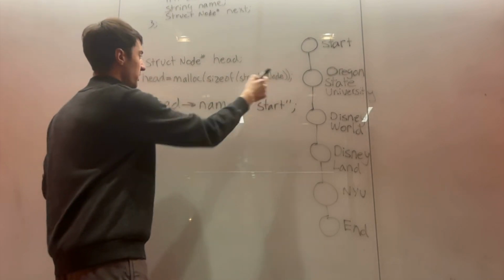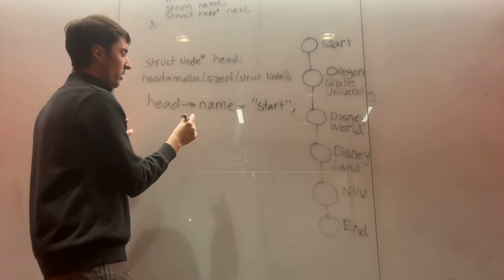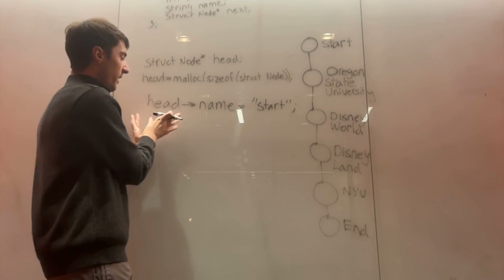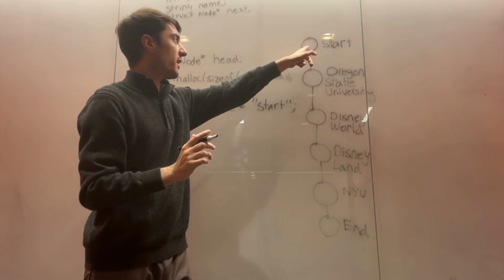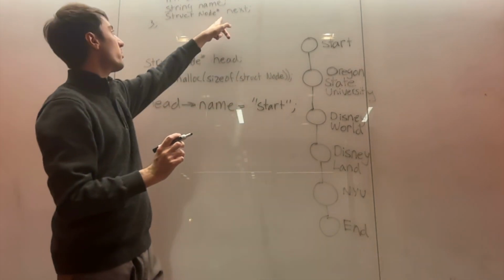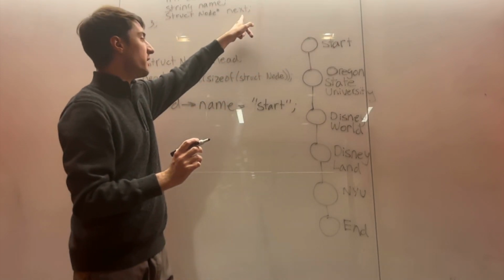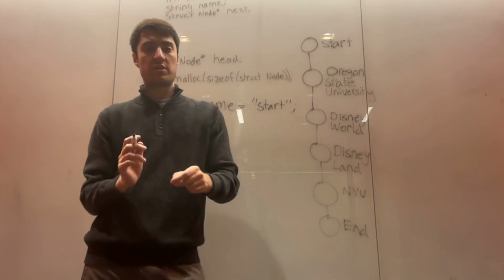So we're going to do the same thing as this, but we're already at head right here, which has a pointer variable in it, right? Called next. So head has next, and we can kind of use that to go to Oregon State University.